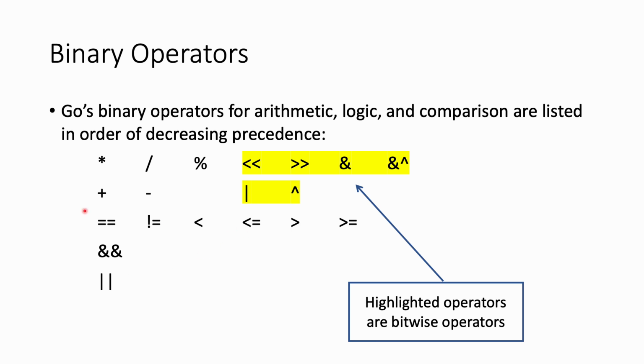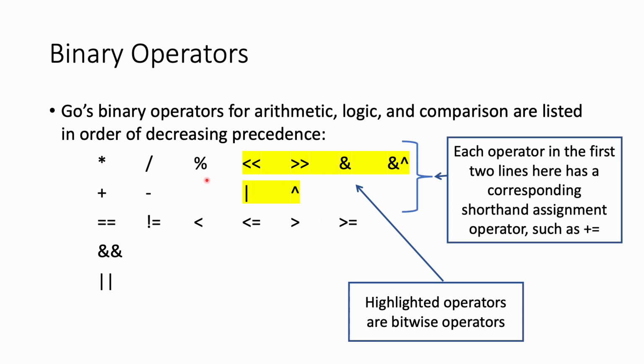Here is the list of binary operators in Go, listed in the order of decreasing precedence. Those in the same line are of the same precedence, and those in the top line have higher precedence than those in a line below.